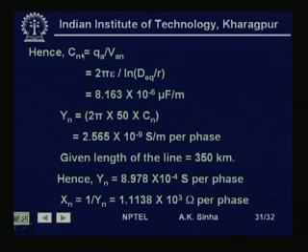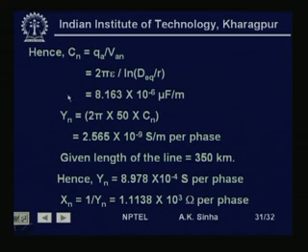Therefore, the capacitance to neutral will be equal to QA by VAN, which will be equal to twice pi epsilon by ln DEQ by R, and this, after substituting the value, comes out to be 8.163 into 10 to the power minus 6 microfarad per meter.